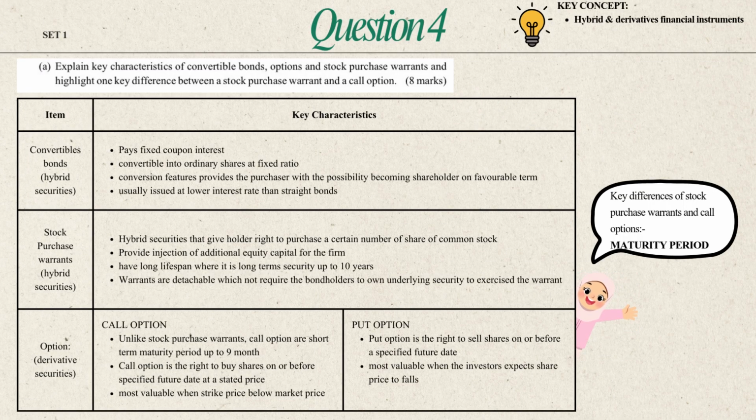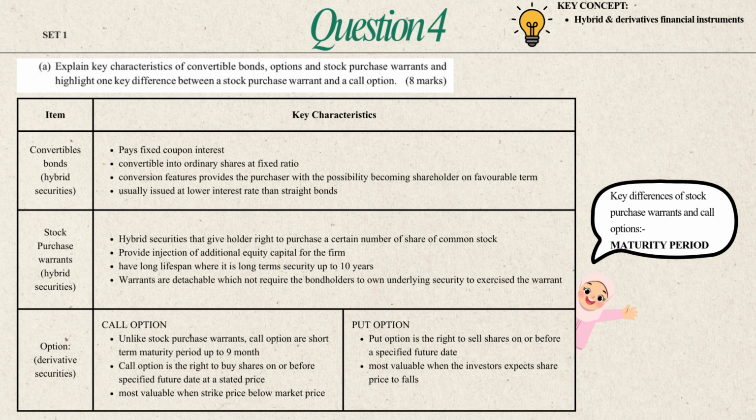For question 2A, they ask us to explain the key characteristics of convertible bonds, options, and stock purchase warrants. We also need to highlight one key difference between stock purchase warrants and call options. Let's begin with convertible bonds. The key characteristic of a convertible bond is that it is a hybrid security. They pay fixed coupon interest.